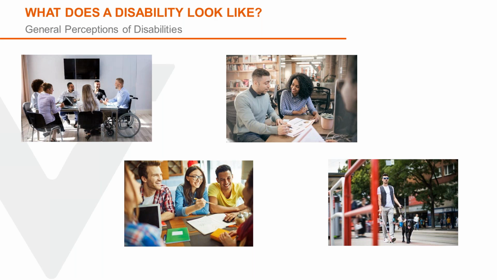And so when we think about perceptions of disabilities, when people think about a disability, often what you'll hear is someone in a wheelchair, someone who has needs of other forms of mobility, whether it's crutches or they're missing a limb, or someone who's blind with a seeing eye dog, or with the red tip cane. So when you look at what people's perception of a disability is, it's often the things that are seen.